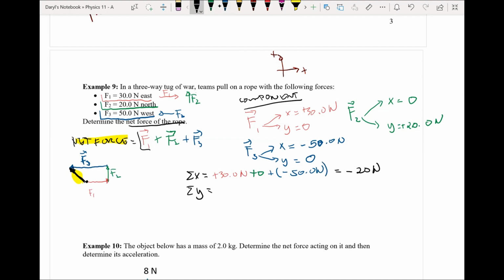The summation along y would be 0, plus positive 20.0 newtons, plus 0, which gives you positive 20.0 newtons.